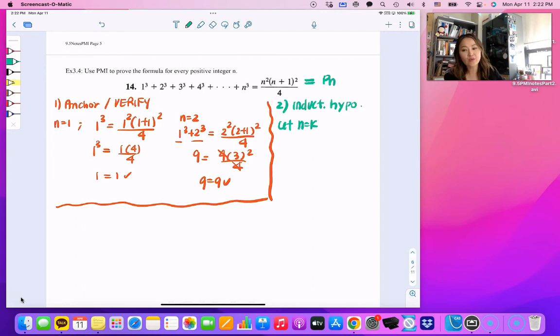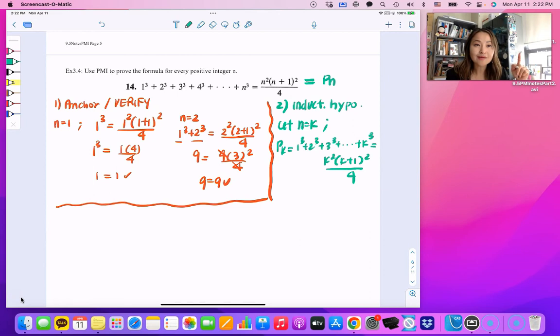So let n equals k, which means p sub k is equal to 1 cubed plus 2 cubed plus 3 cubed plus dot dot dot plus k cubed is equal to k squared, k plus 1 squared, all over 4. We're going to prove that when we add 1 more to this series, it's still true. All right? So that's the second step.